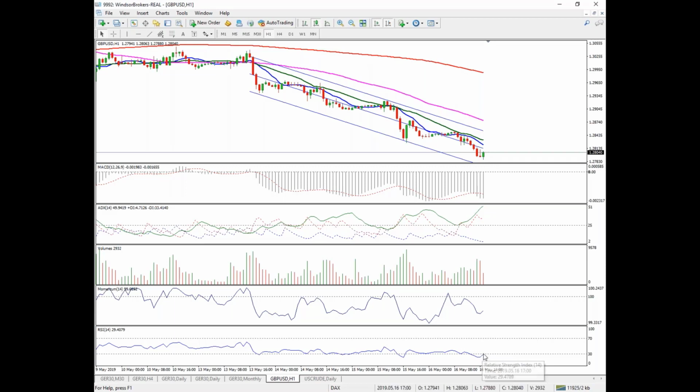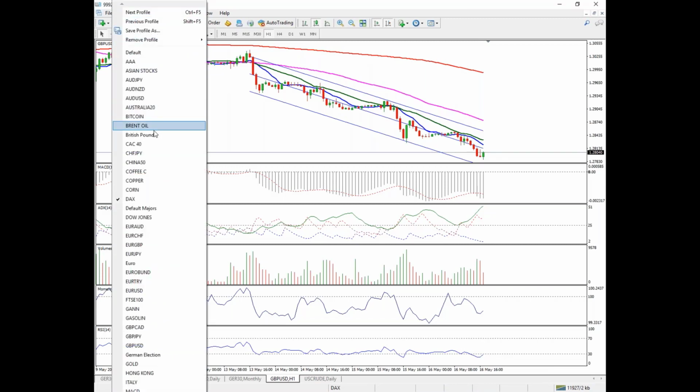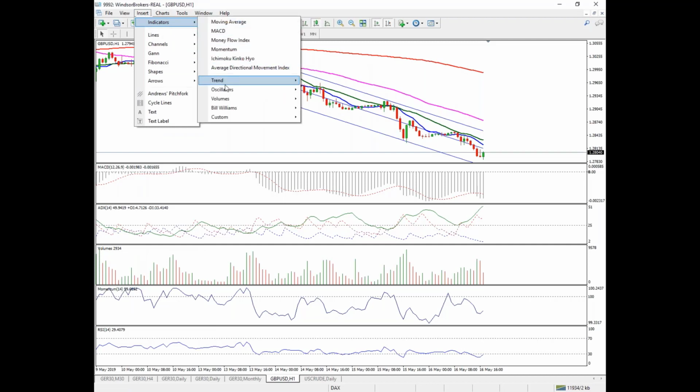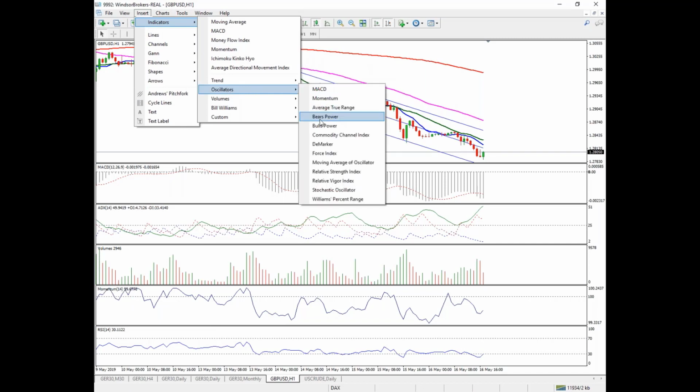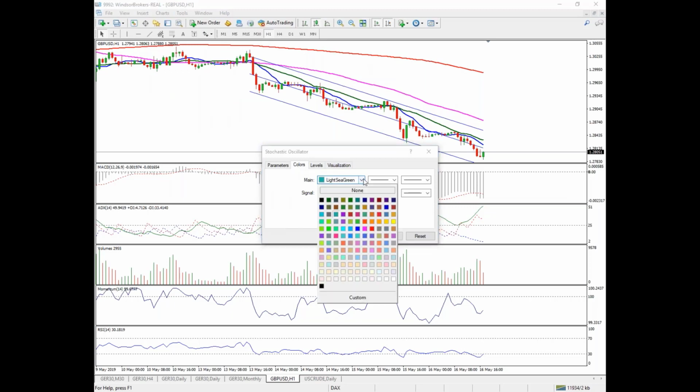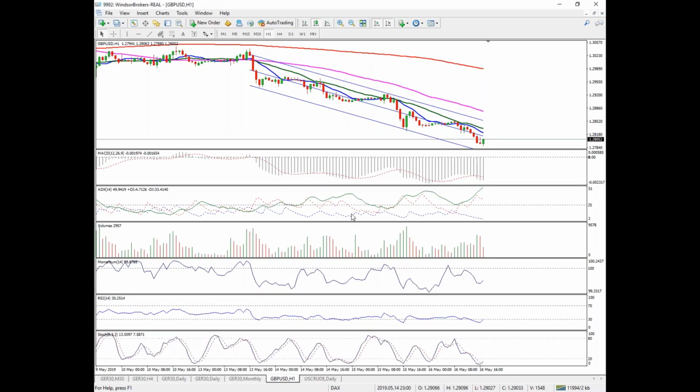We have a signal from RSI, and even if we put stochastic, pardon, so stochastic is also oversold. First thing, we have the cross above this red dotted line, so this is a positive signal.